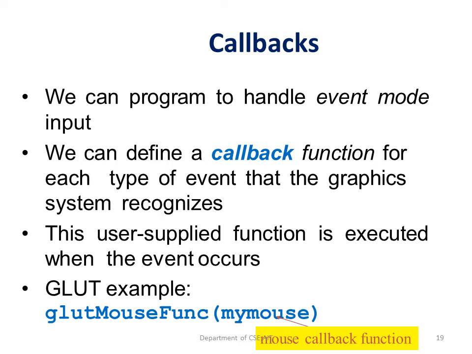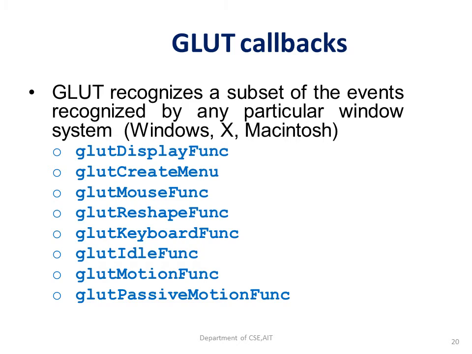For example, for a mouse event, I can give glutMouseFunc, and in the parameter I specify the function name, that is my mouse. So this event will be placed in the event queue, and when the turn of this event occurs, it will be executed. A callback is a function with a specific type of event associated with it.